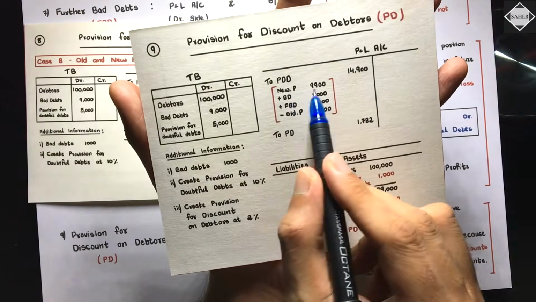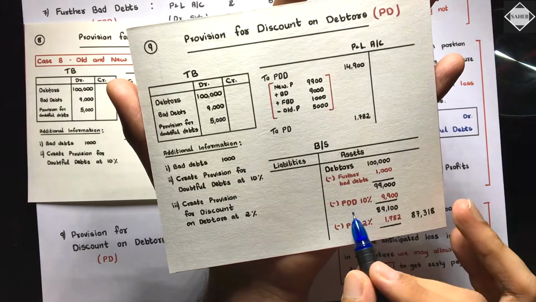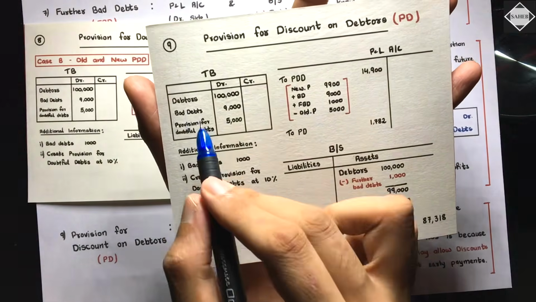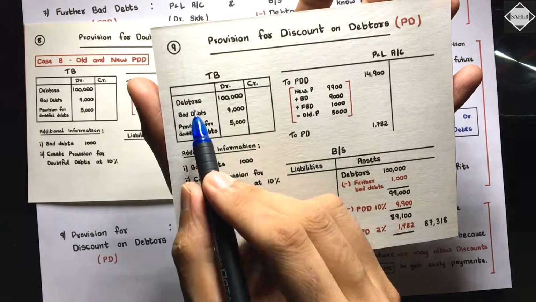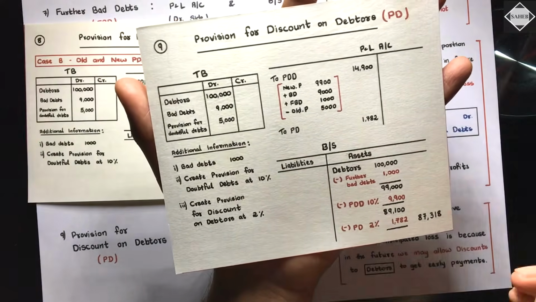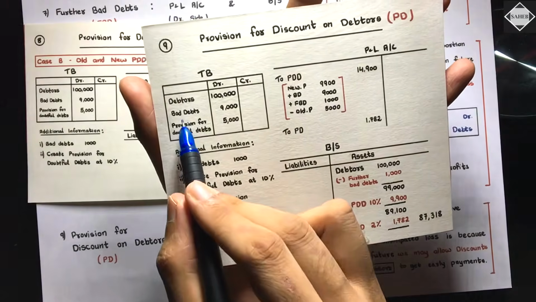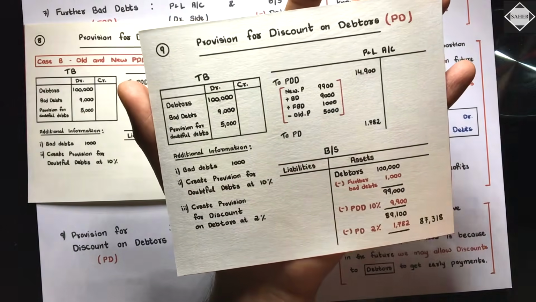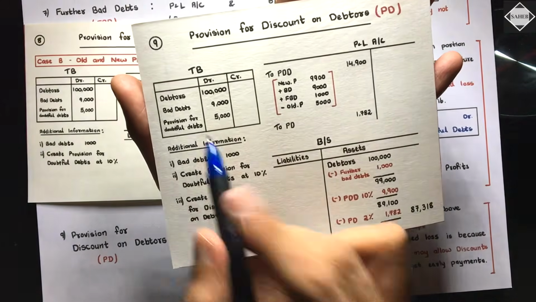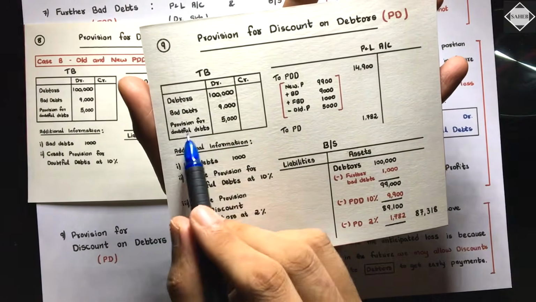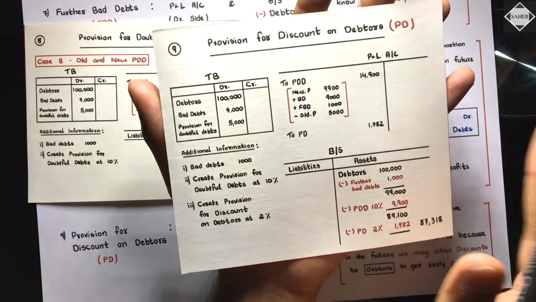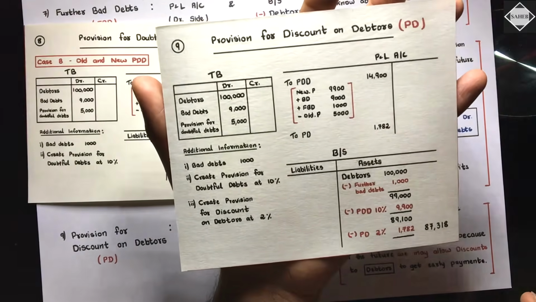New provision is coming over here also, and then over here also, 9,900. But the trial balance items will only go to one place. The debtors have gone only to the balance sheet. Bad debts in the trial balance was 9,000, only in the P&L. And the old provision has gone only to one place, 5,000, only in the P&L. You understand? So this is how it is.